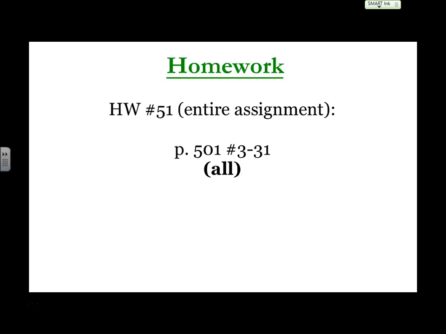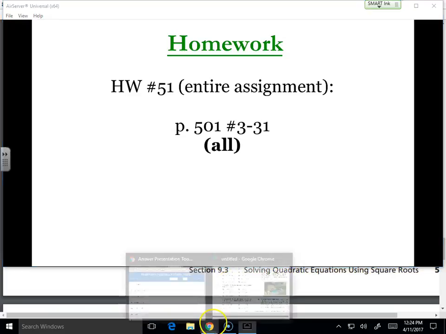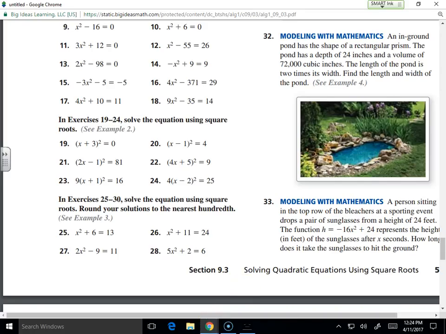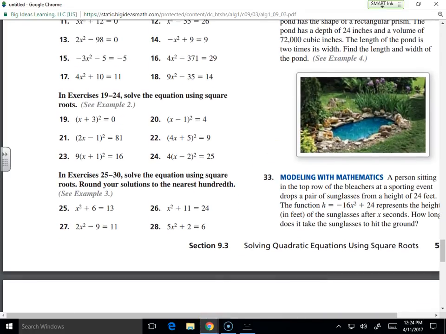Erase the 18, put 31. That is homework 51 in its entirety that we're turning in tomorrow. I'm going to go ahead and open up the assignment. You guys should be able to start at 19 and just keep going on homework right now. If you didn't do the ones above that, hopefully you have a book or can borrow a book to start at the beginning in number 3 and work your way through.